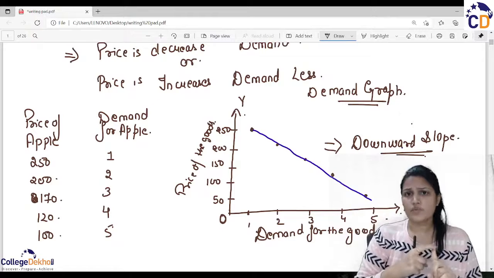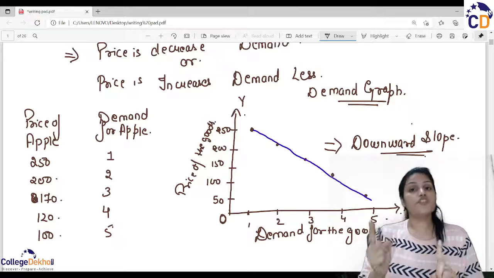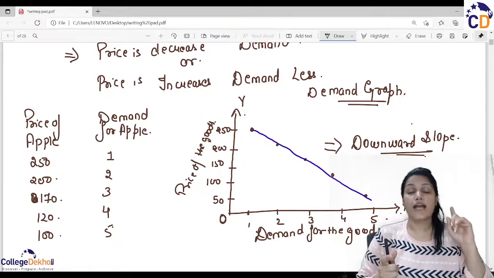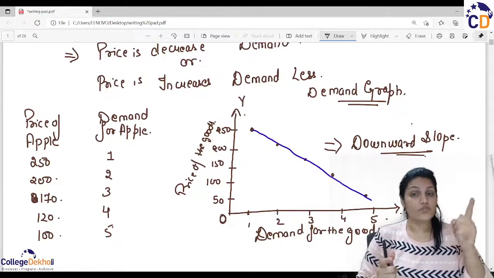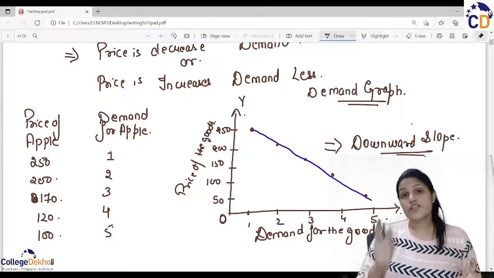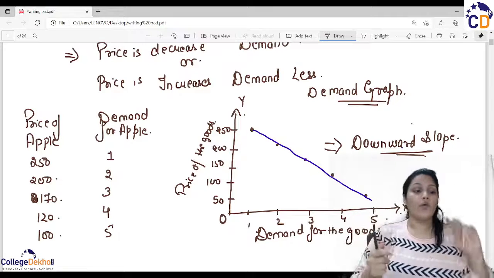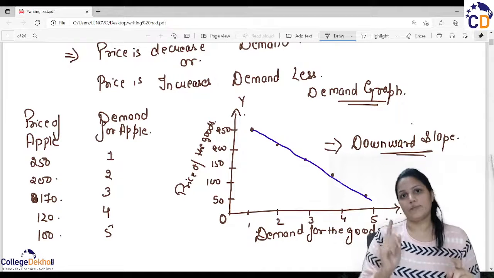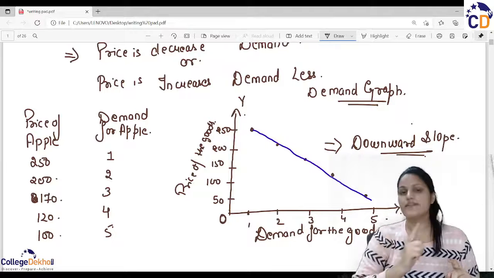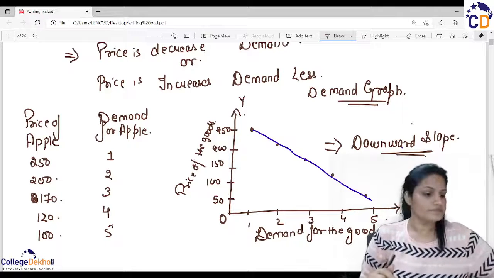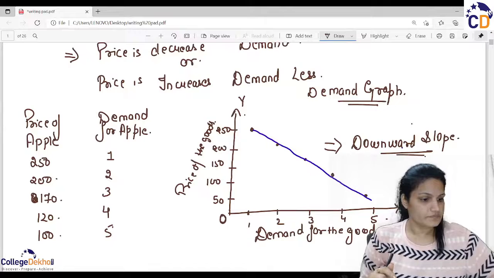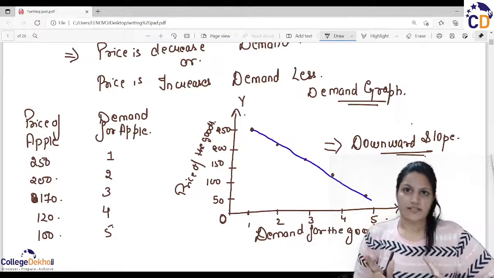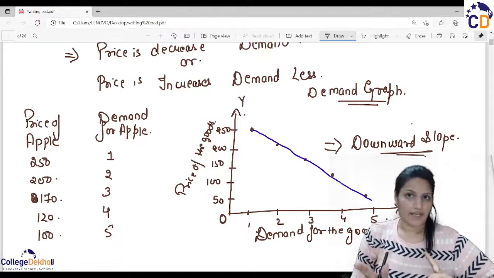Demand is nothing but a desire. Purchase and demand are different things. Demand means our wants, what we want, what we are willing to buy. And purchase is when we are ready to buy. Willing and ready are the main difference between demand and purchase. Understand this? When we are ready to purchase, that means we are ready to pay.